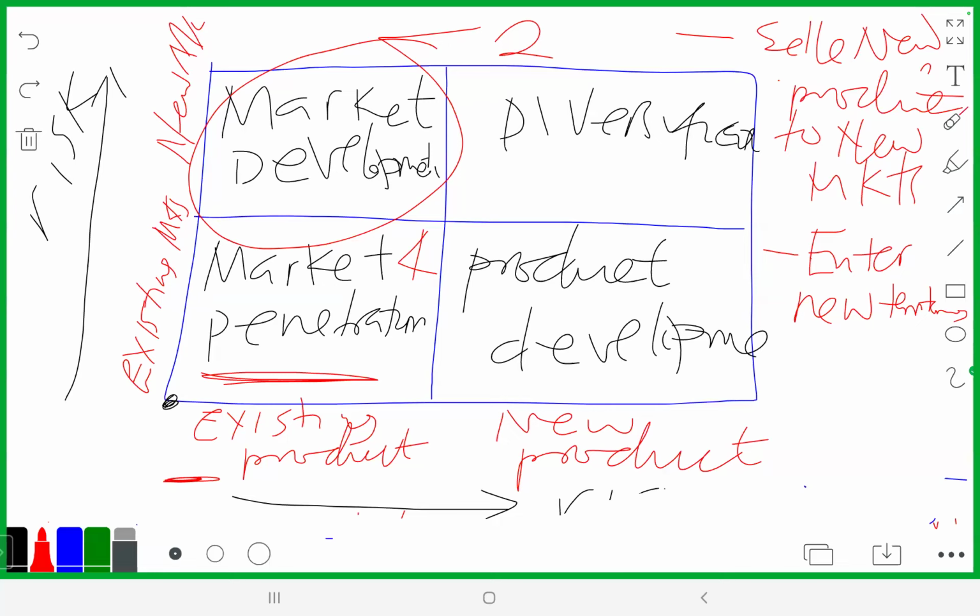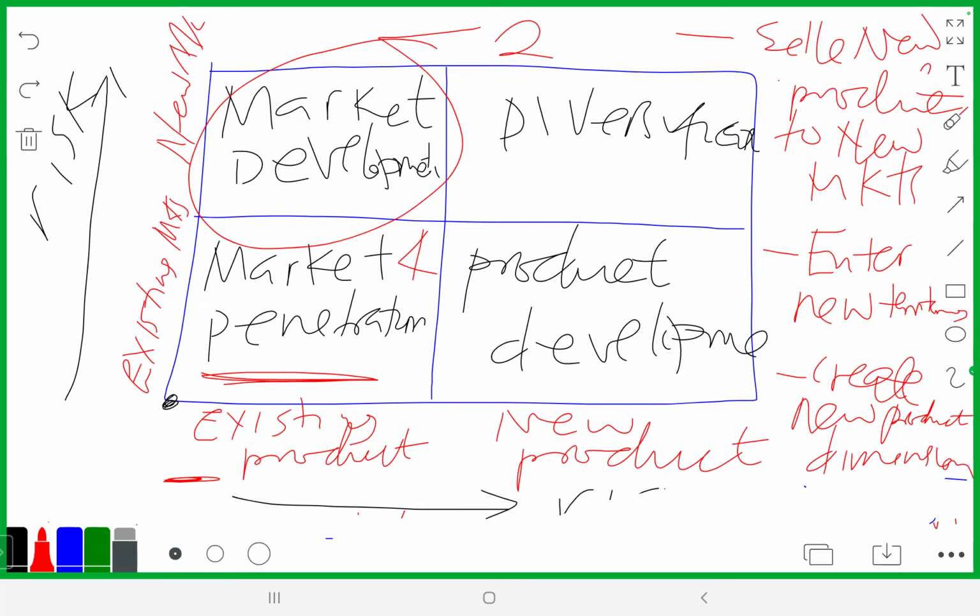That's what we are doing when we are developing the market. You can also create new product dimensions. These are strategies.